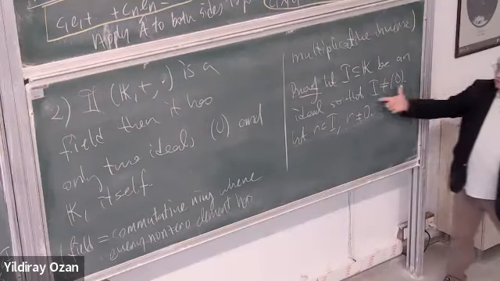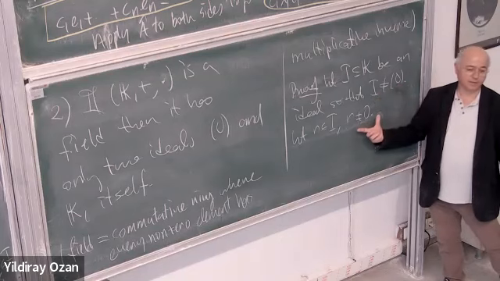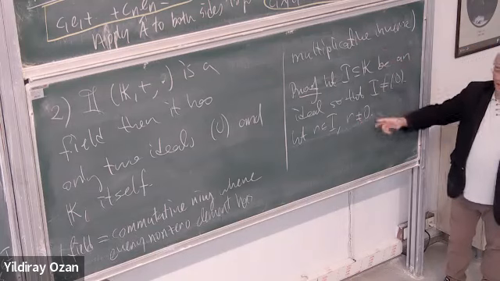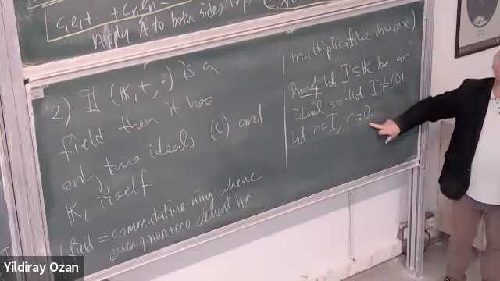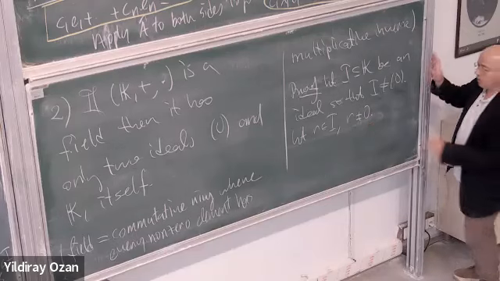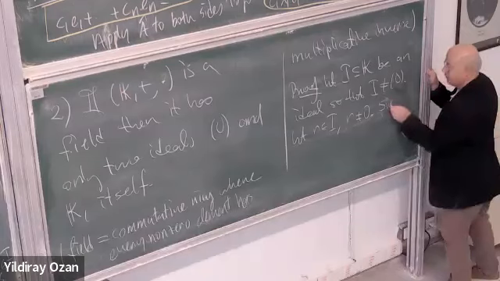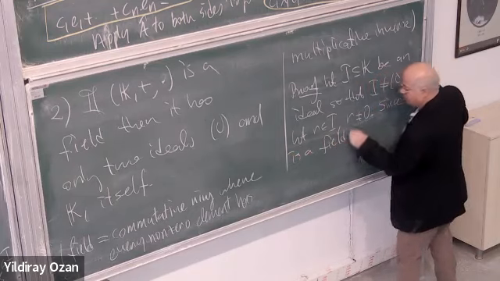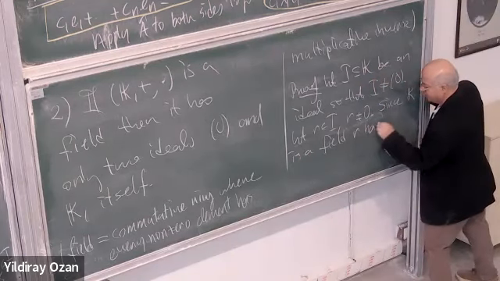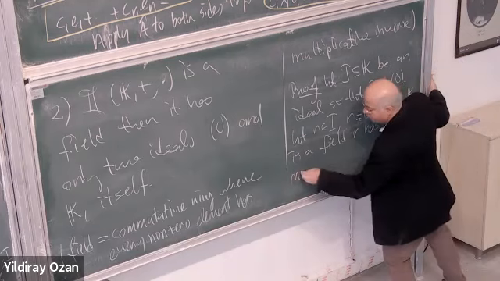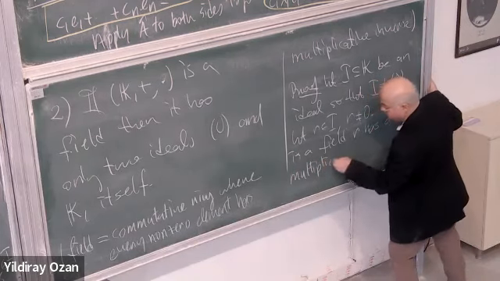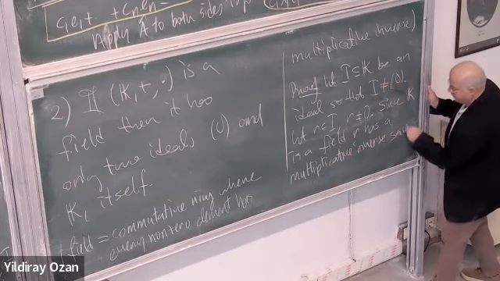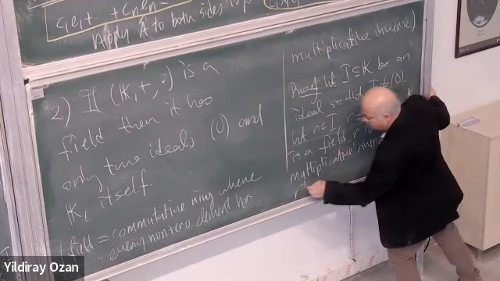Since this ideal is not zero, there is a non-zero element in it. But in this case of a field, every non-zero element has a multiplicative inverse. So r has a multiplicative inverse, say r to the power minus 1.